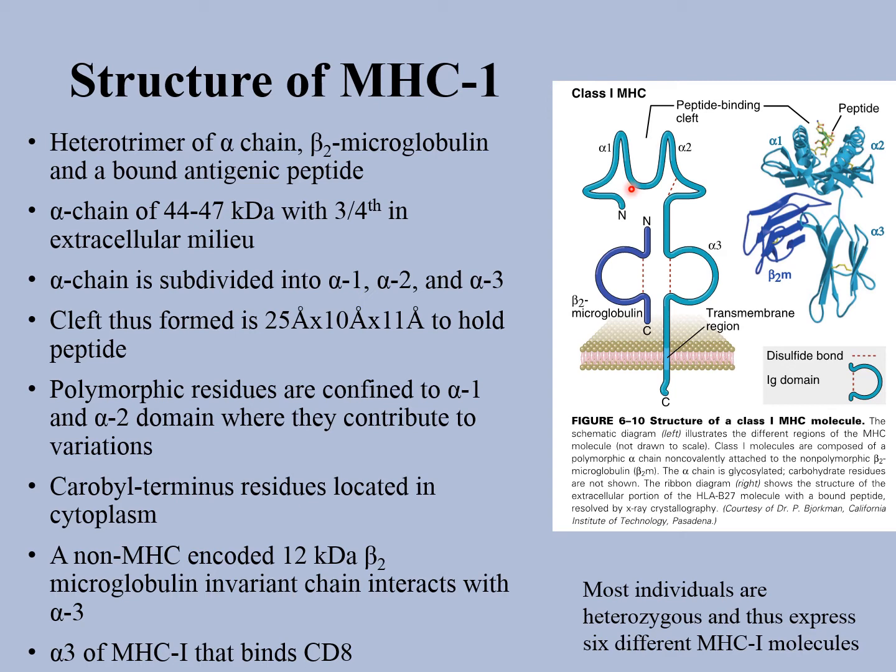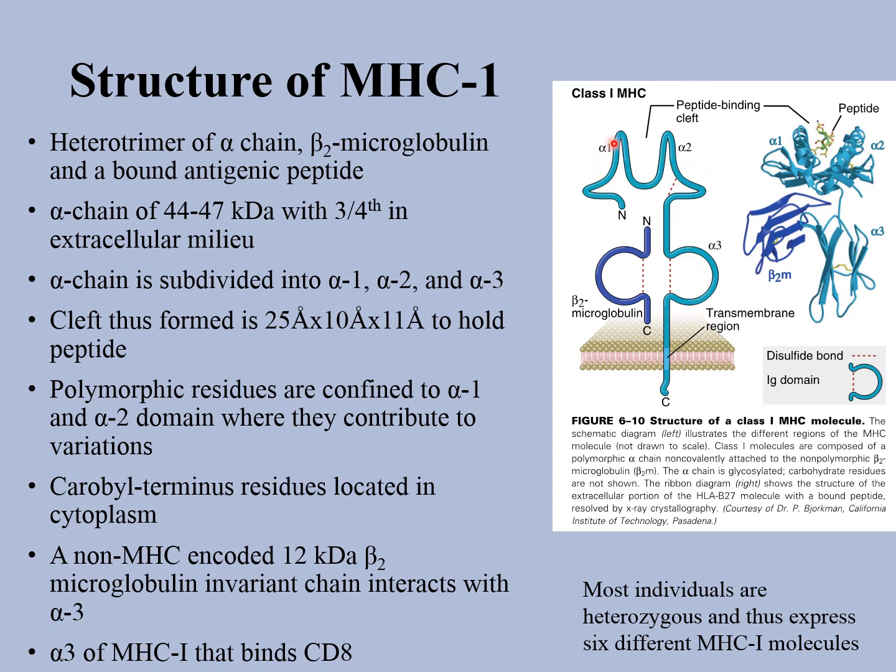The alpha chain is about 44 to 47 kDa, which comprises about 3/4 of the extracellular portion of the MHC1 molecule. This alpha chain is divided into three major parts: alpha 1, alpha 2 and alpha 3.